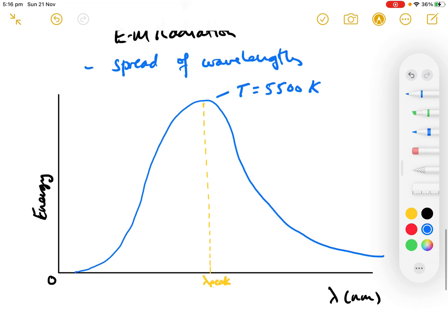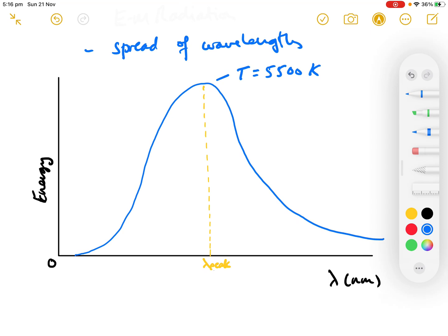Okay. Now interestingly, if we go to a cooler star, so let's say maybe 4,500 Kelvin, let's say something like that, it would have a curve something like this.